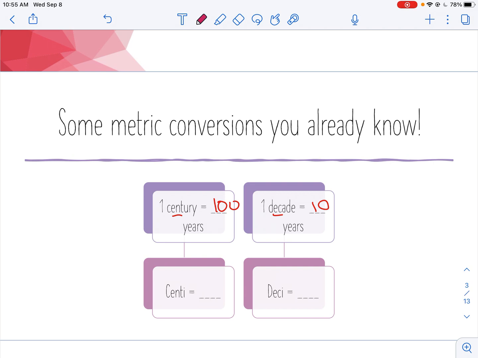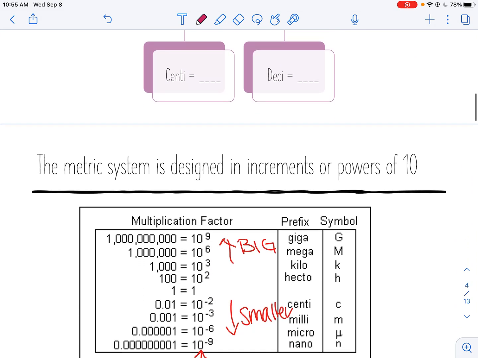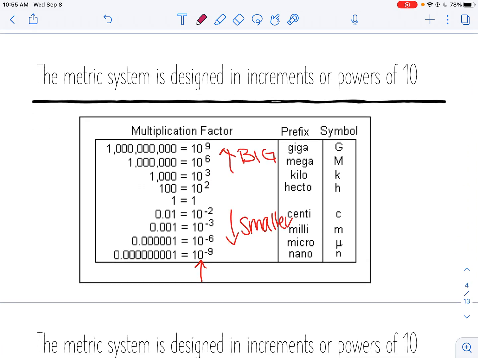Those are prefixes, and those prefixes are all based upon a power of 10. If you ever wondered why the metric system is so awesome, it's because it uses the same base but just increases its measurements based upon the prefix by a power of 10: 10 to the 1, 10 to the 2, 10 to the 3rd, 4th, 5th, 6th, etc.